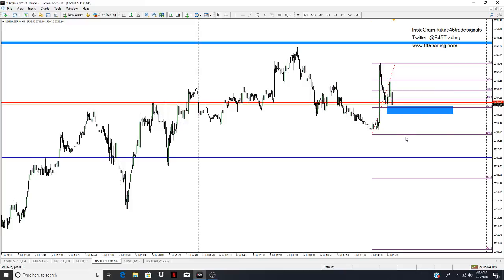See if we can sweep that and get a rejection. It may not get down below it, but I think we're looking at another run up on this, guys.